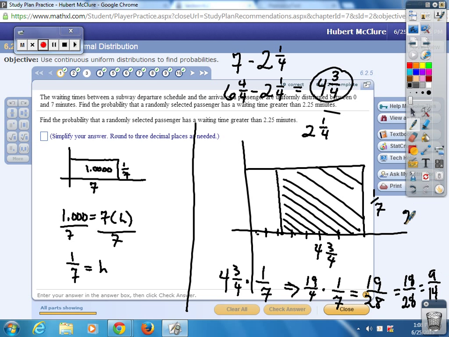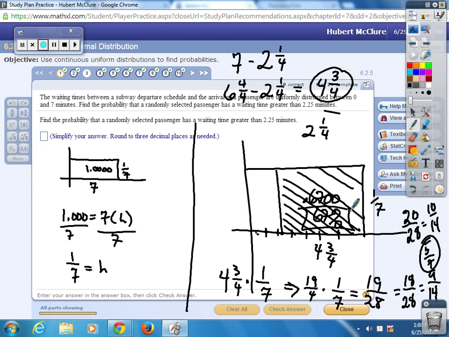I'm trying to think how to get there. About 20 over 28, that'd be 10 over 14, which would be 5 over 7. Still not getting there, but anyway, it comes out to be 0.67. So that's 67 what? 6700, which is 67%.